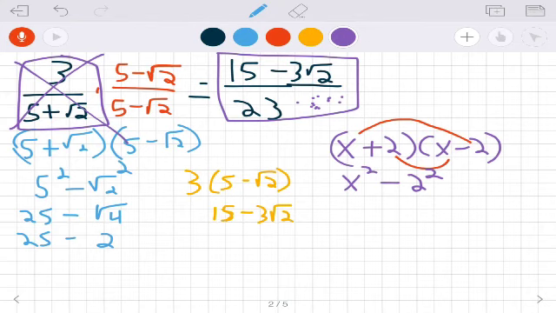So that's the process for this, and the big thing to pay attention to is this symbol right here. If this is an addition sign, then you're going to multiply it over here with a negative sign. If that first symbol is a subtraction sign, then we're going to multiply it by the positive.